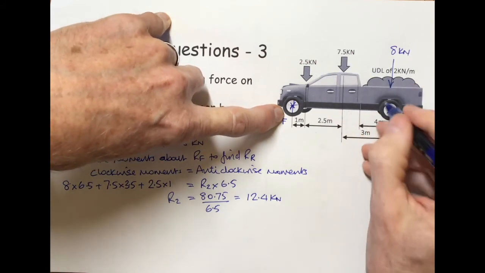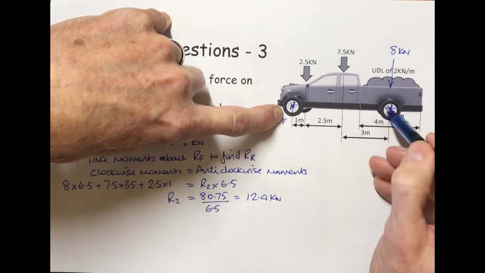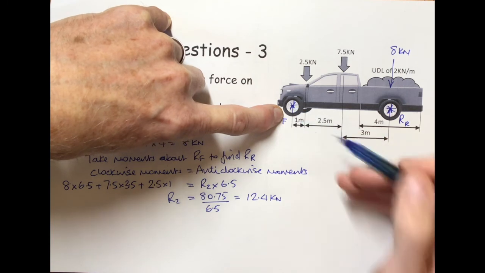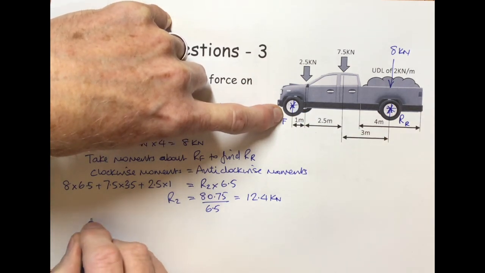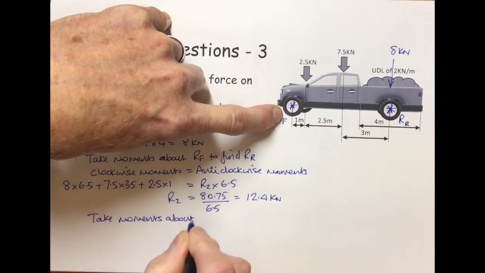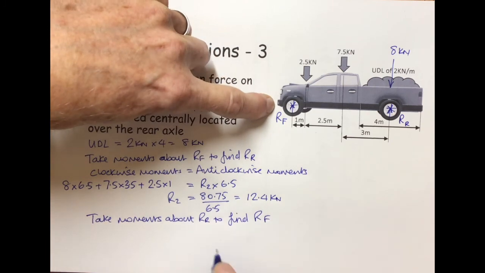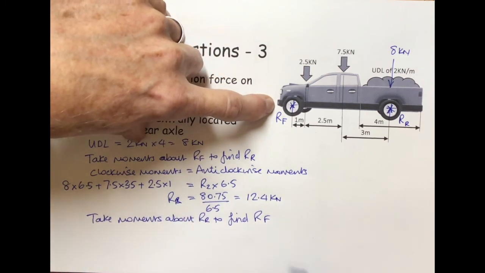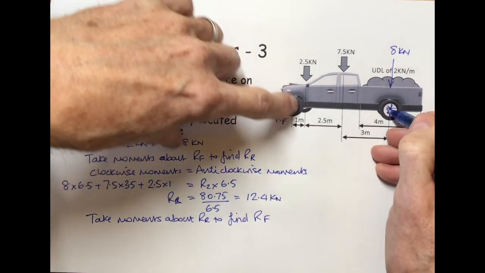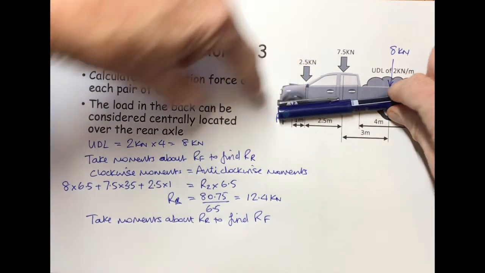Then we take moments about RR, take moments here to work out the reaction force here. So we state that here. Should be RR there. So starting from here, we've got this one here. Now this is pushing here, so that's anti-clockwise.